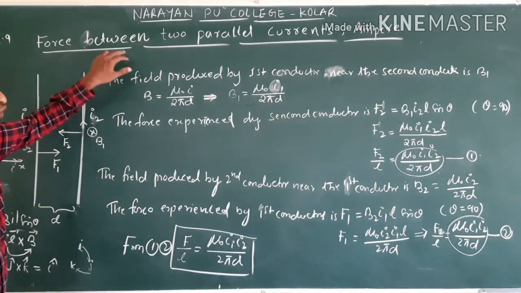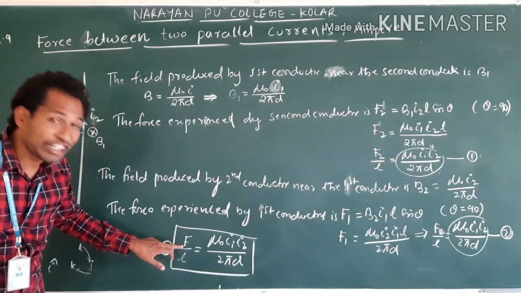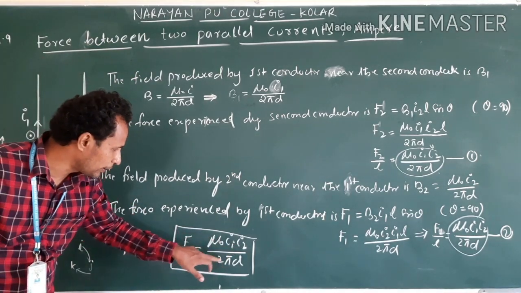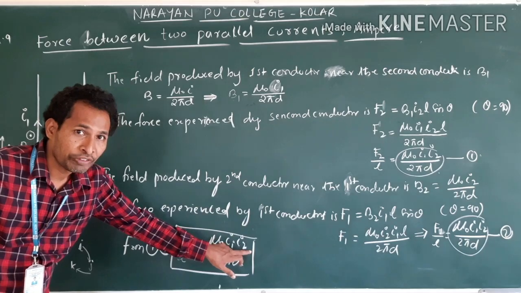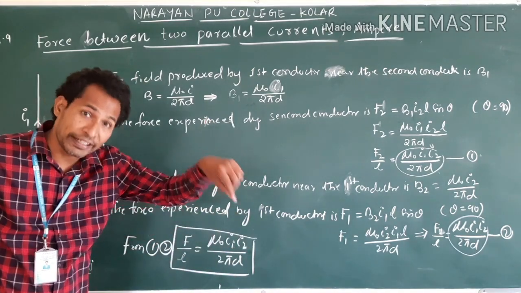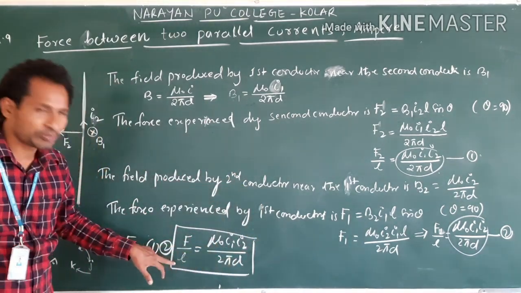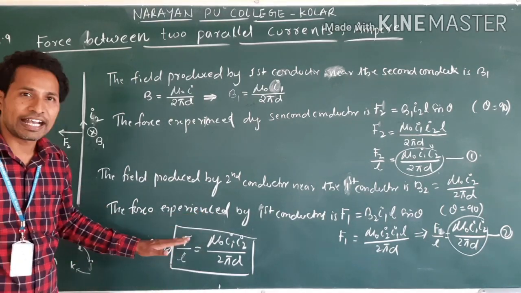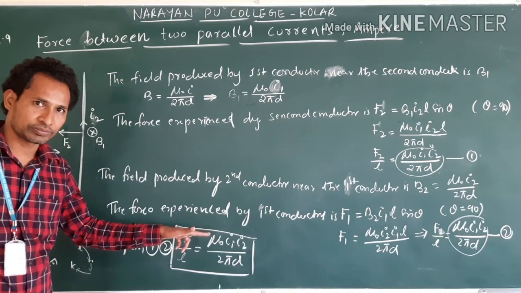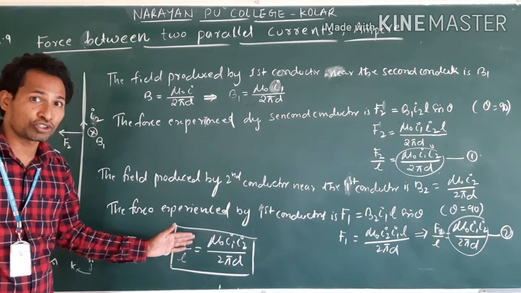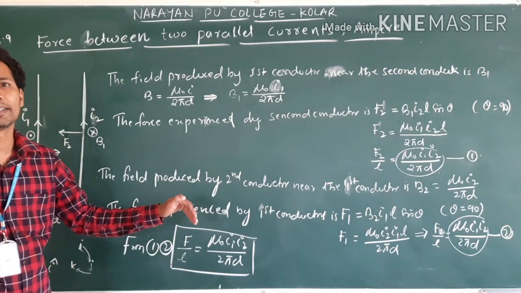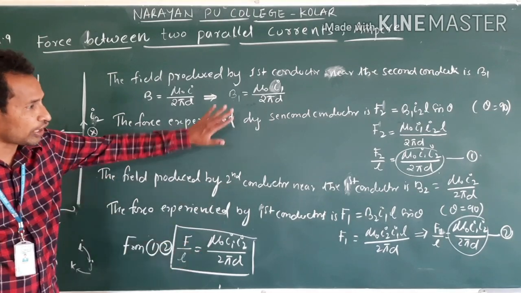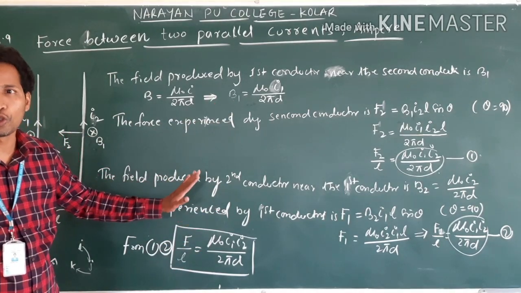If they ask force, then make it F equals mu naught I1 I2 by 2 pi d into L. If they ask force per unit length, just L comes this side. That's all. There is no logic involved here. If they ask force, make it F subject. If they ask the force per unit length, make it F by L. Up to here, if you write this, you will get 4 marks.